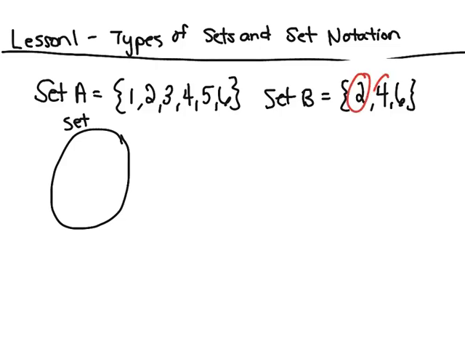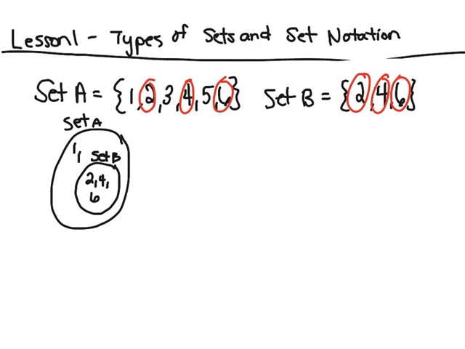Because 2, 4, and 6 are all part of set A, we know that it is a subset because all of them can be written within set A. So we could write set B as its own circle but inside of A because it's in both A and B. So 2 and 4 and 6 could go in here, and 1 and 3 and 5 would go outside of set B. I'm just going to do that in a different color.